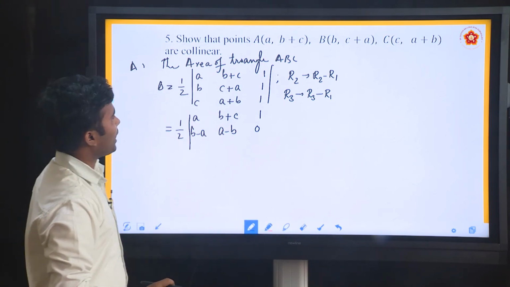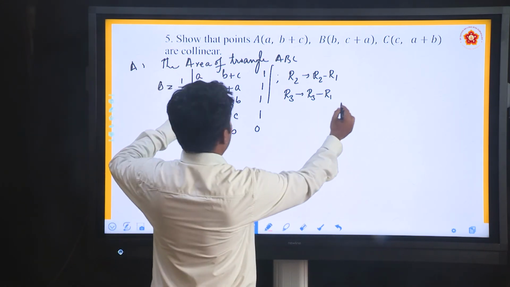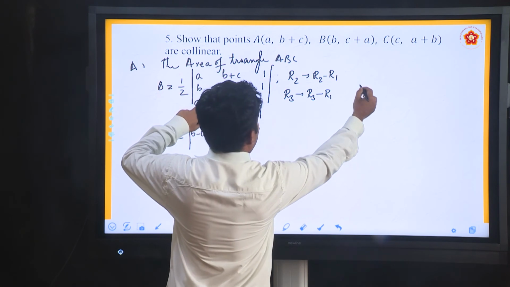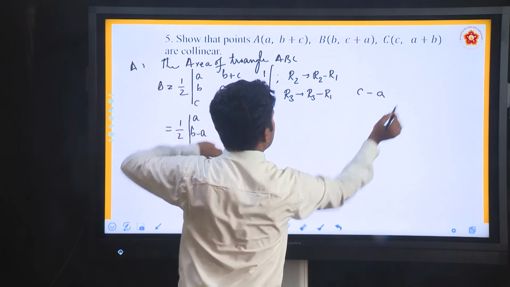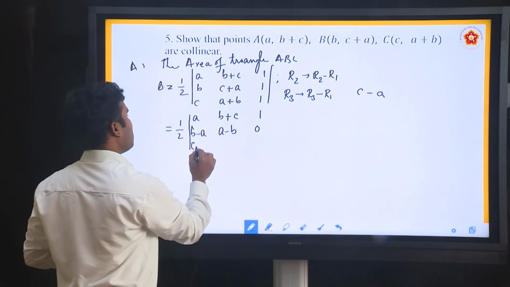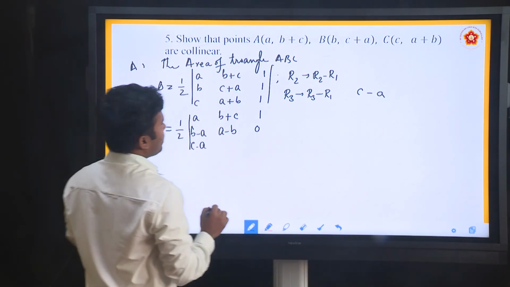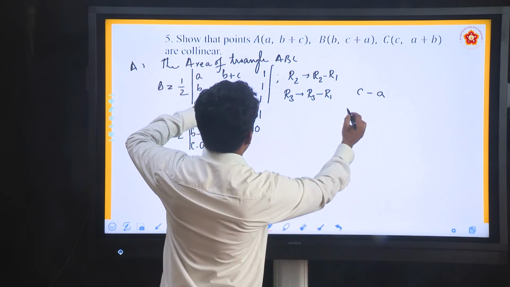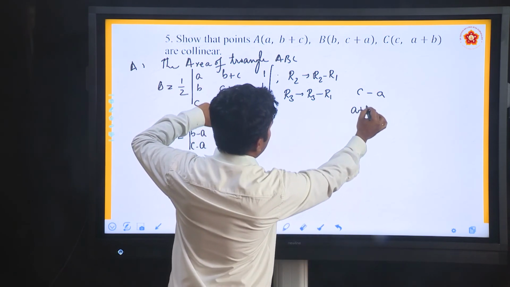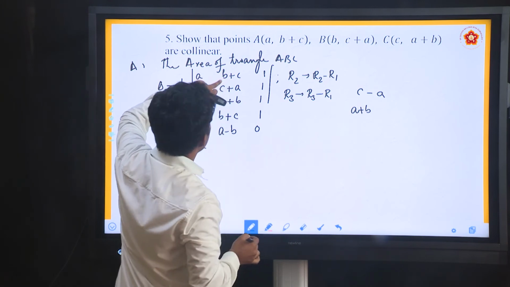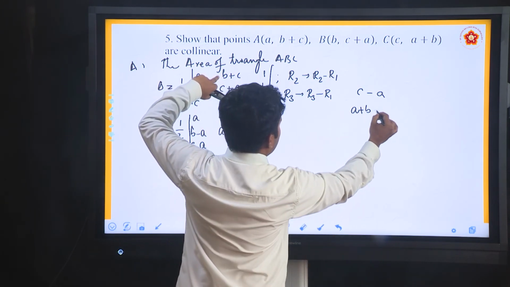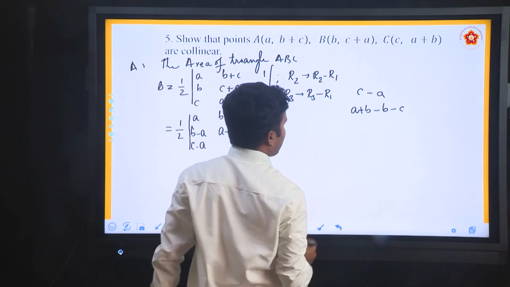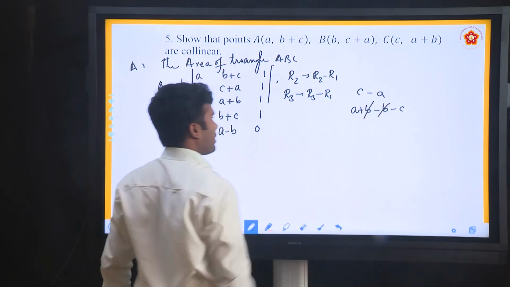Next, what about R3? R3 becomes R3 minus R1. Here R3 is C, and the corresponding element in R1 is A. So this entry is C minus A. And what about this one? Here R3 is A plus B, and in R1 the corresponding element is B plus C. If you multiply with minus, minus B minus C, the minus B plus B will get cancelled.